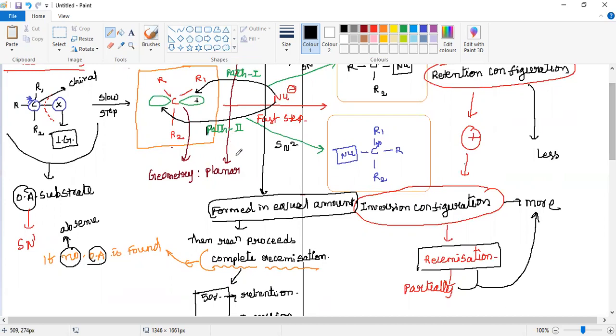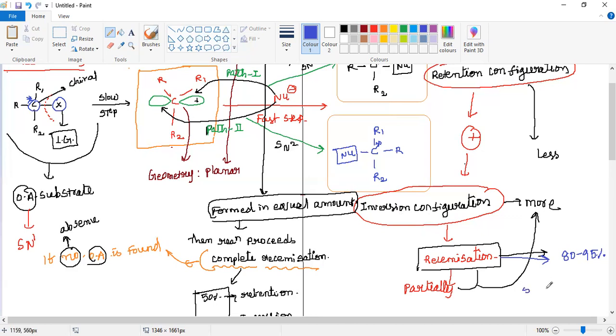So in most of the cases, the product usually consists of only 5 to 20% inverted product, and 80 to 95% racemized species. 80 to 95% racemized species will be there, whereas 5 to 20% is inverted product.